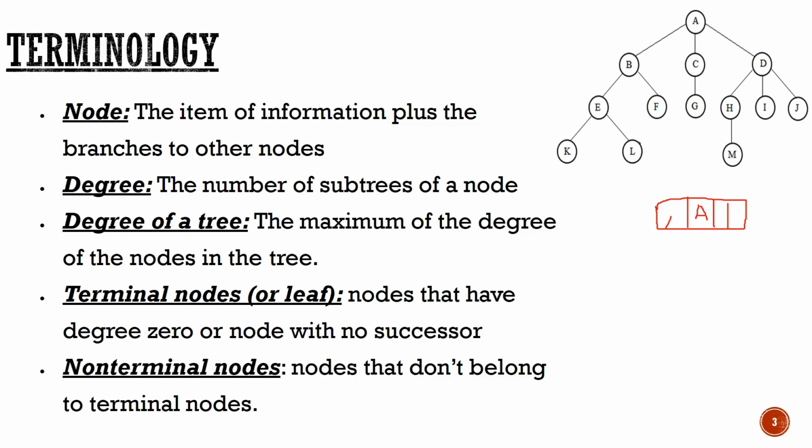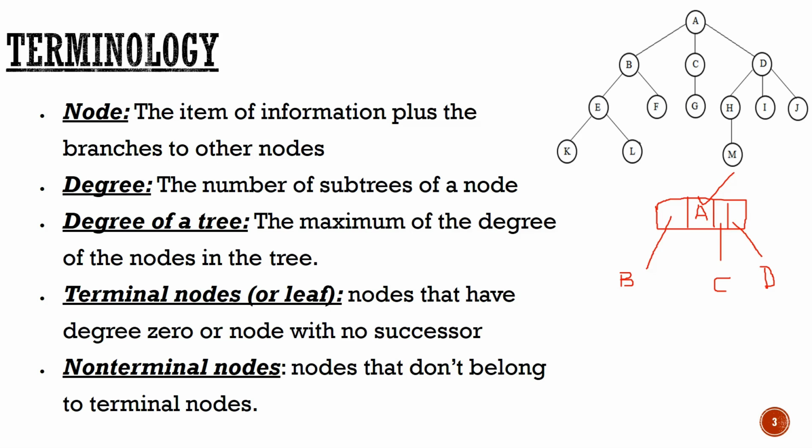One link is towards B, the next link is towards C, and the next is towards D. This is nothing but your branches. So this is your information along with the branches, meaning links to the other nodes.